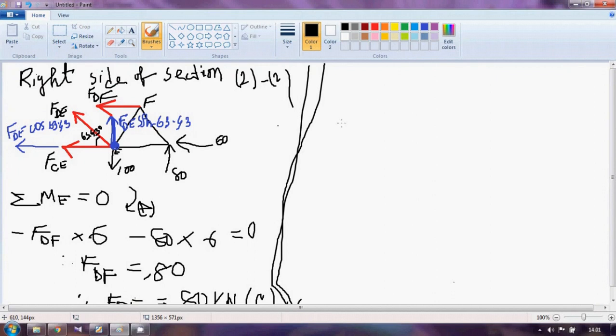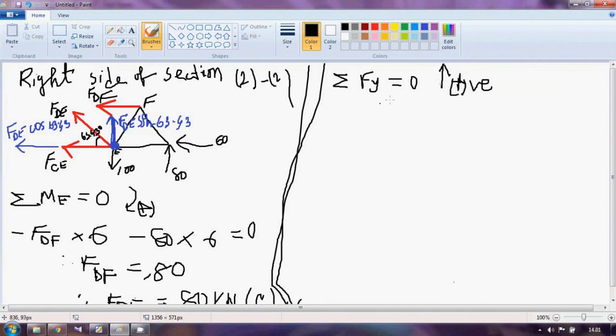So first take summation Fy equals to 0. If you take summation Fy equal to 0, with upward direction positive, I can determine F_DE. Then I will take summation Fx and I will determine the member force F_CE.